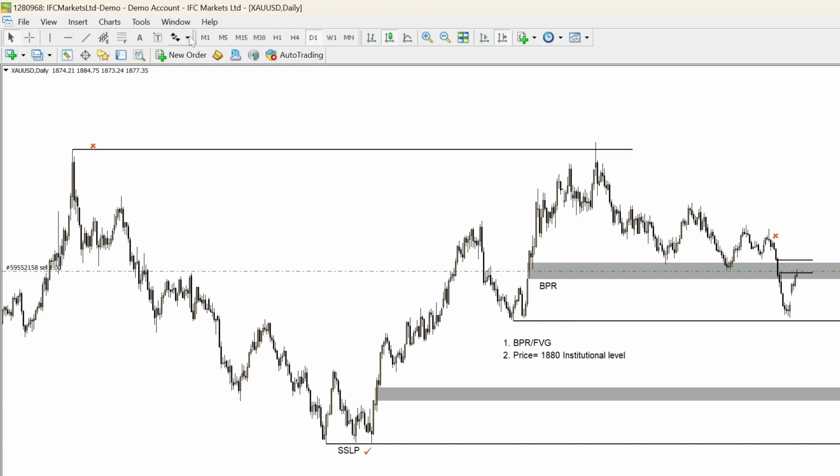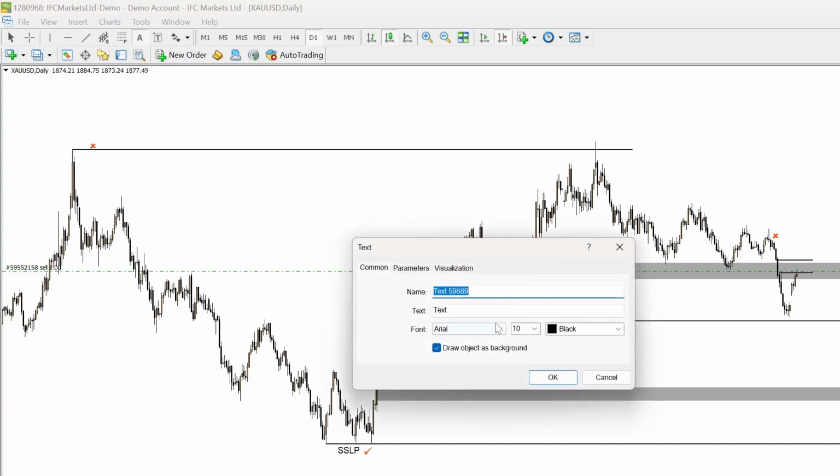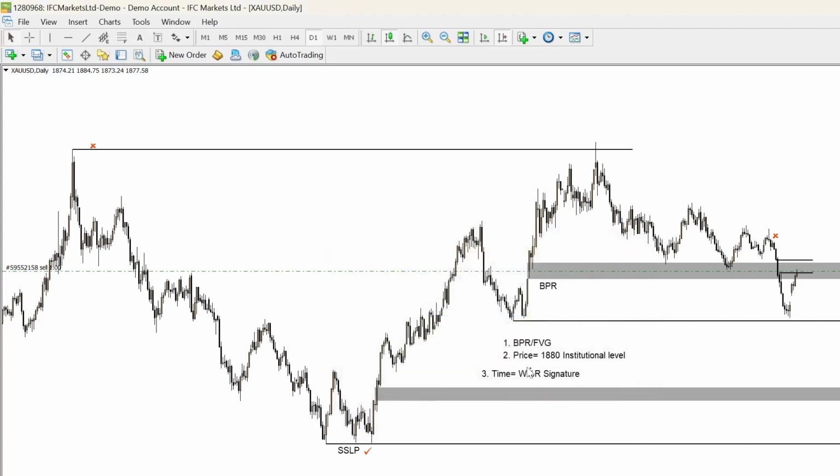The last thing is our timing element. If you guys can see at the bottom of the screen, the William percent R. If you've been following along, I use the William percent R as a timing element.